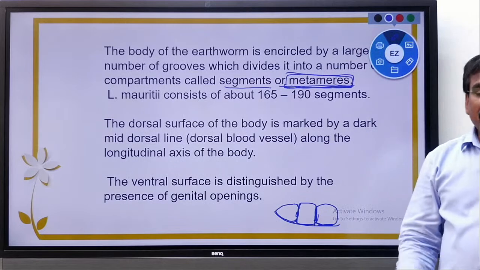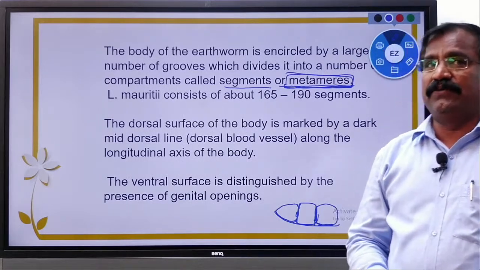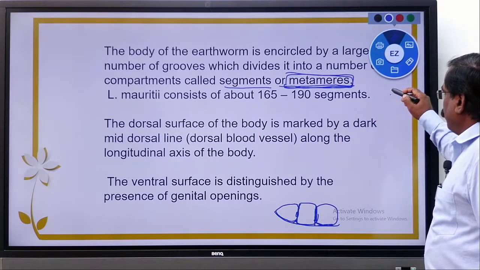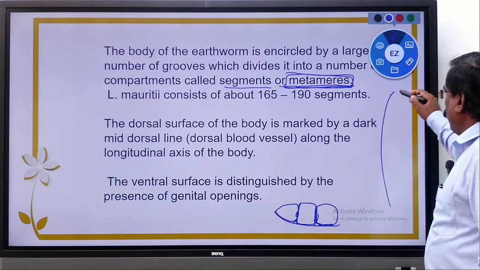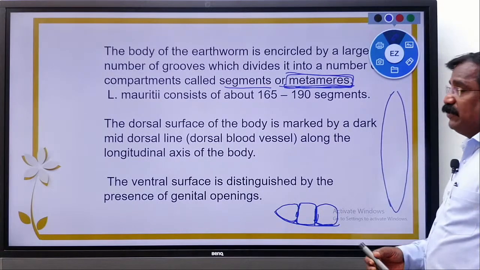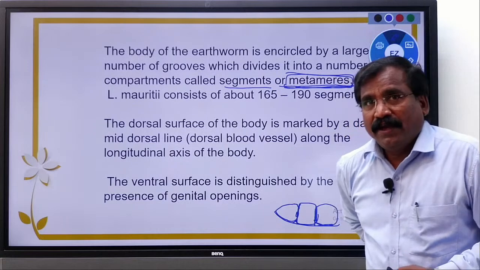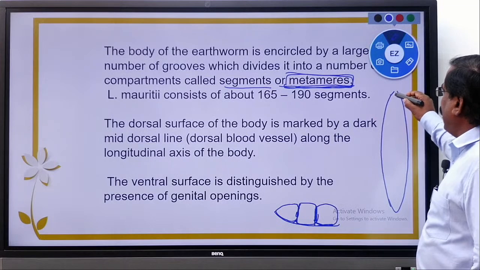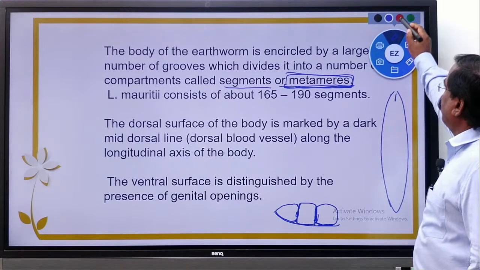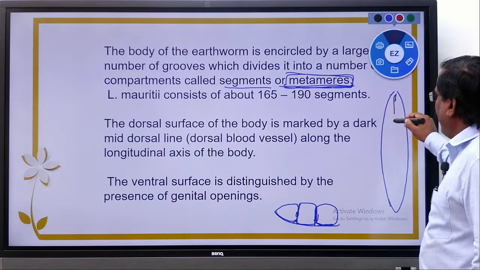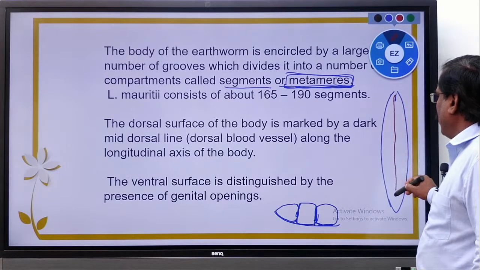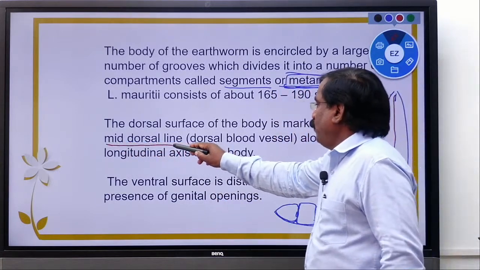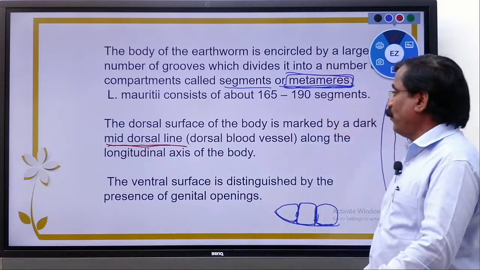Another distinguishing morphological feature: if you see the dorsal side, dorsal means upper, there is a dark mid dorsal line, a dark line running along the middle of the dorsal side.